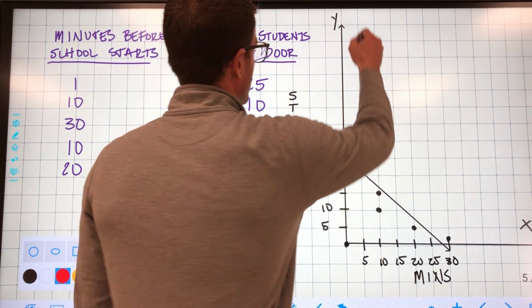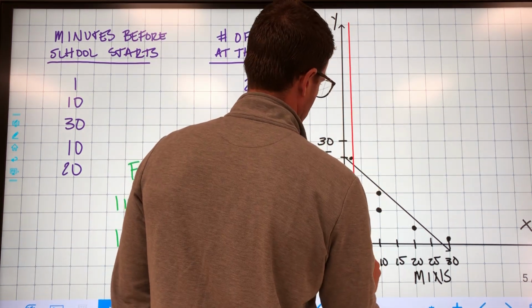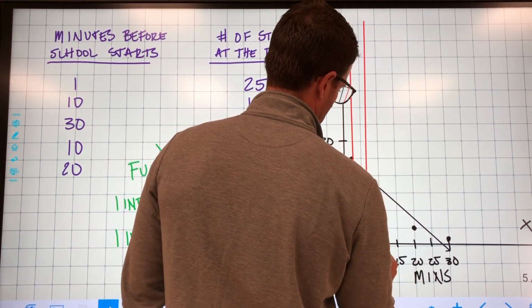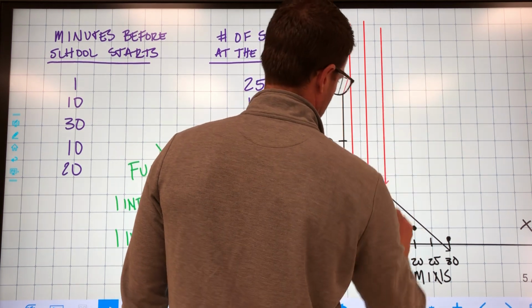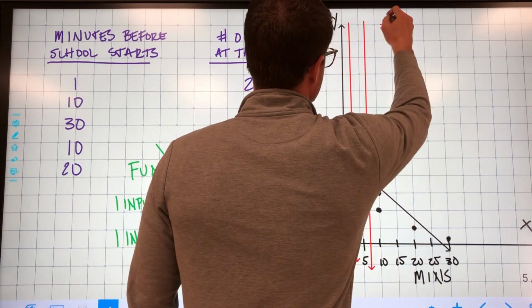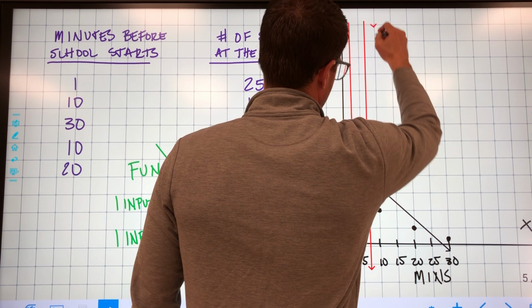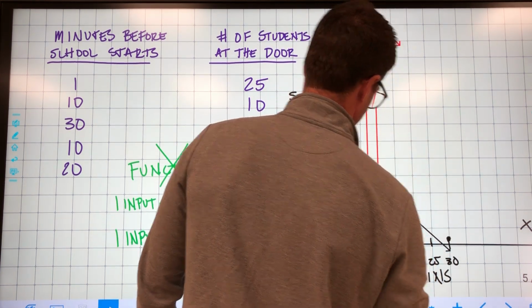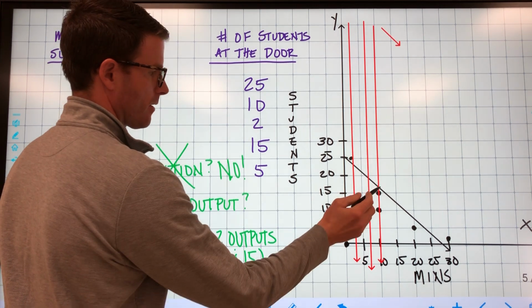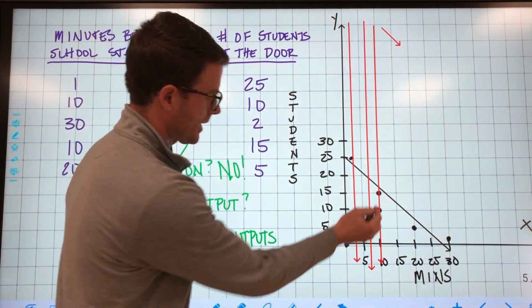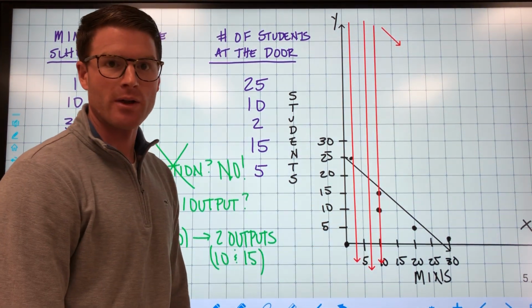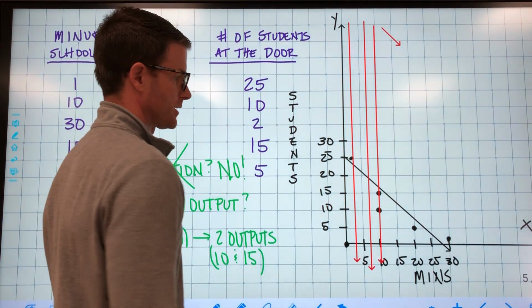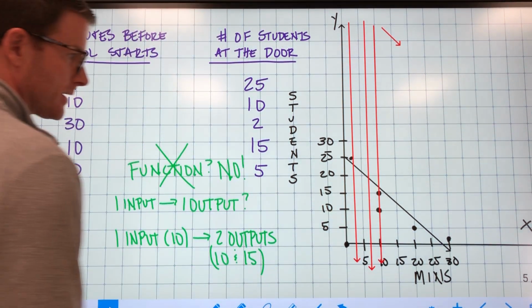I'm going to draw vertical lines and see if there is anywhere where my vertical line intersects two spots. There it intersects two places, so therefore not a function. It does not pass the vertical line test.